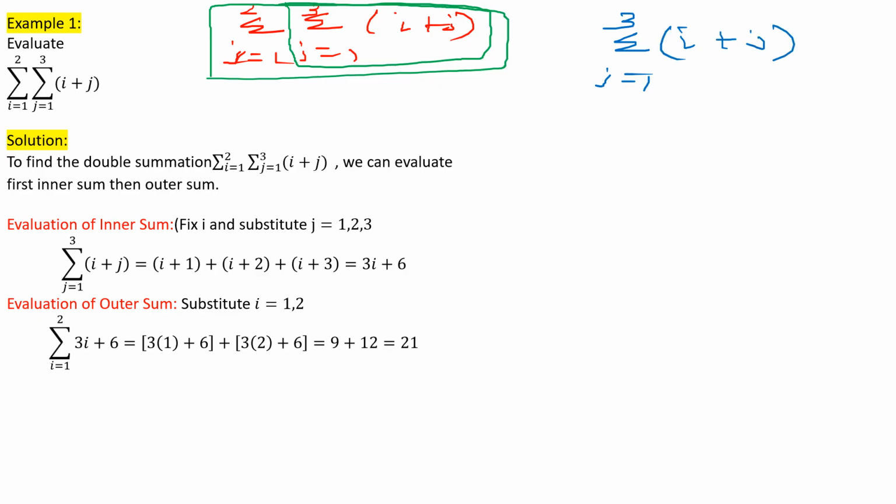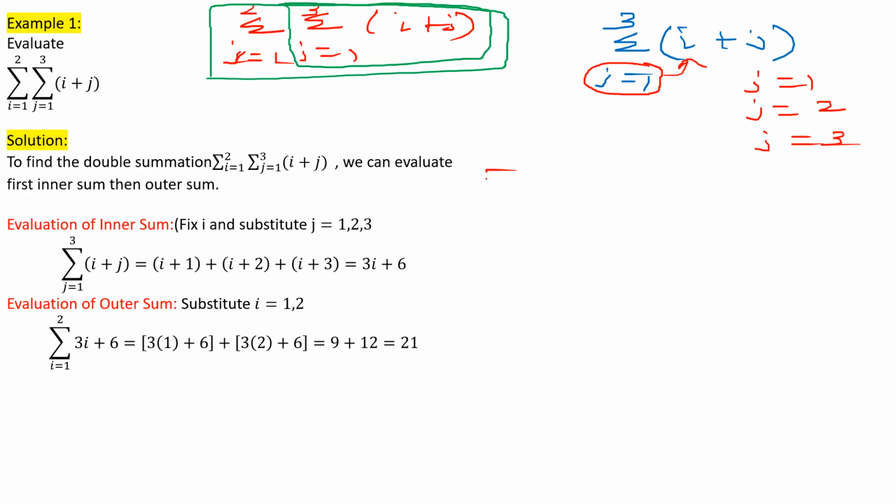In this summation, the value of j is varying, so there is no need to worry about i. I have to replace j by 1, then j by 2, then j by 3.